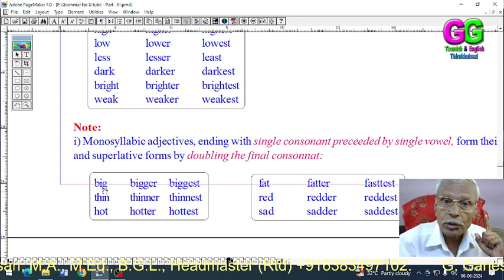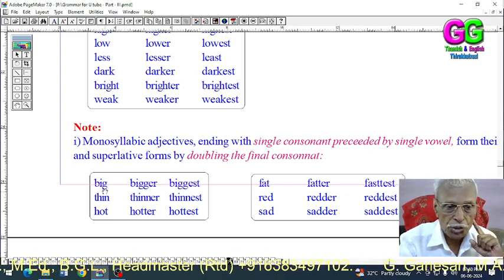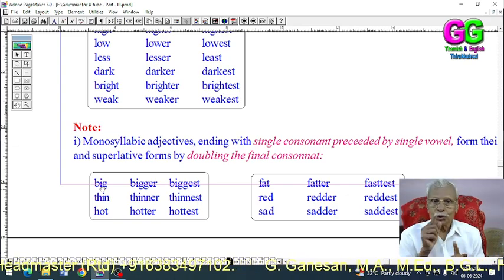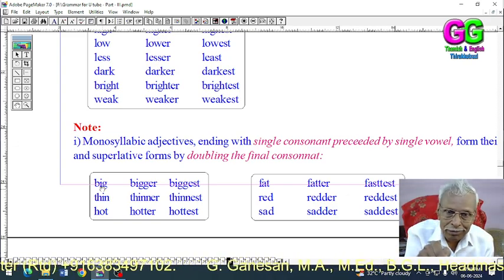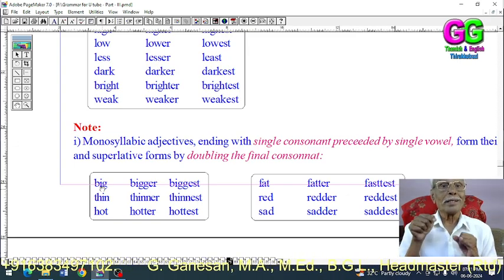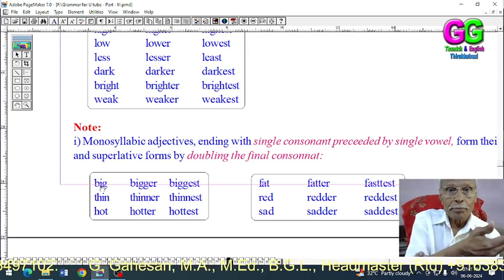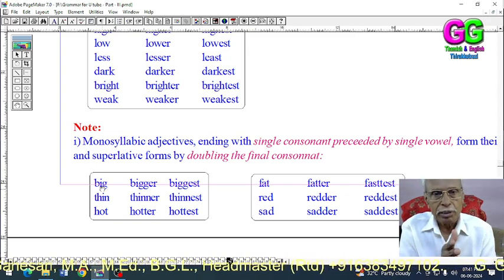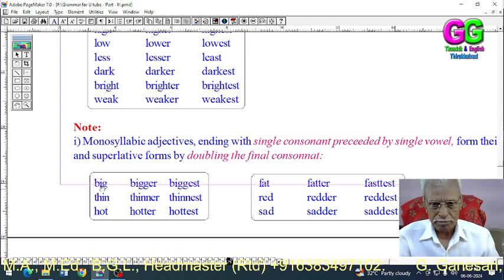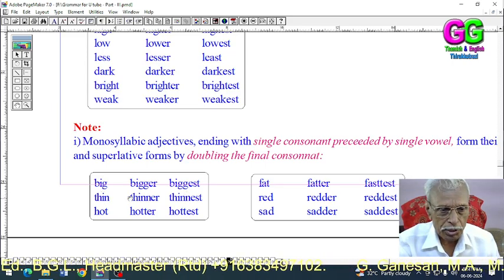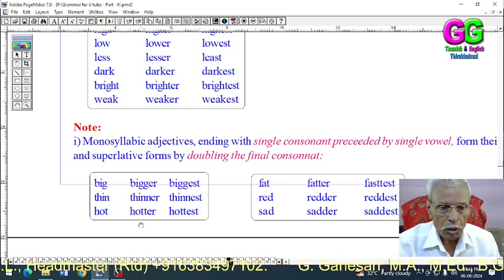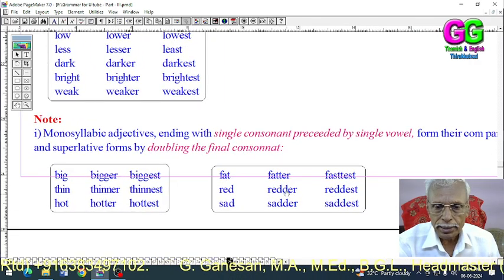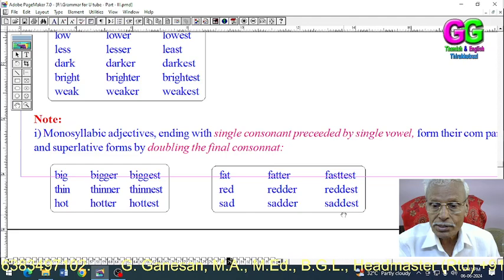It ends with the consonant G, and the G is preceded by a single vowel I. So a monosyllabic adjective ending in a single consonant preceded by a single vowel, the last consonant is doubled, and then er and est are added. Big, bigger, biggest. Thin, thinner, thinnest. Hot, hotter, hottest. Fat, fatter, fattest. Red, redder, reddest. Sad, sadder, saddest.